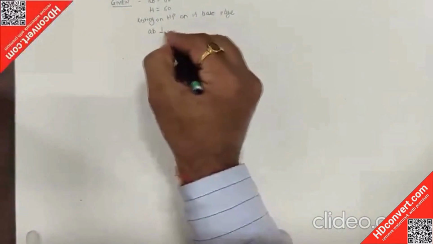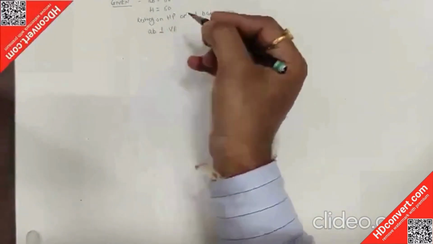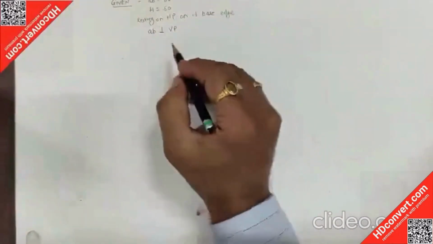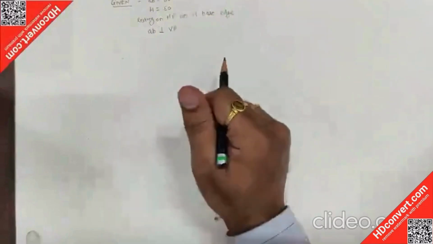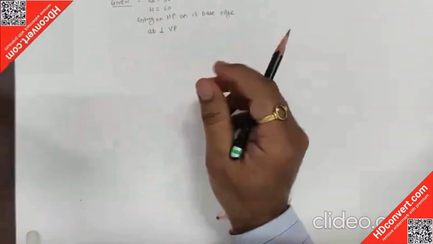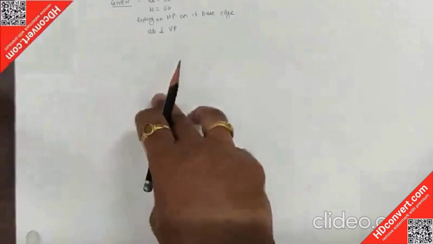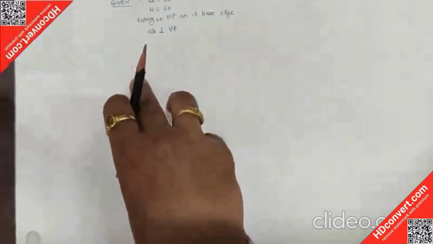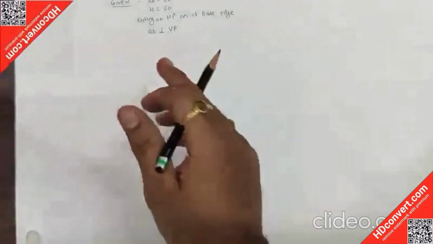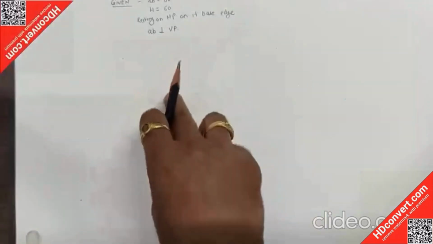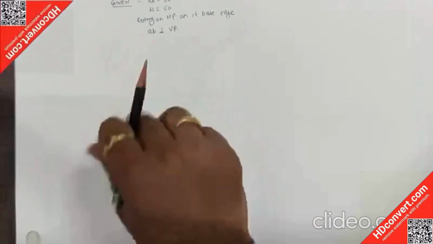From this problem statement we come to know the dimensions of the solid, on which plane it is resting, and whether it is resting on a side or a face. As per this statement, it is resting on HP on a side which is perpendicular to VP.